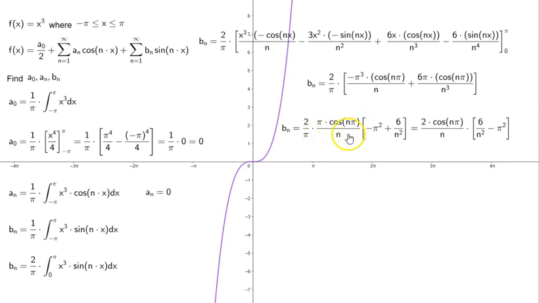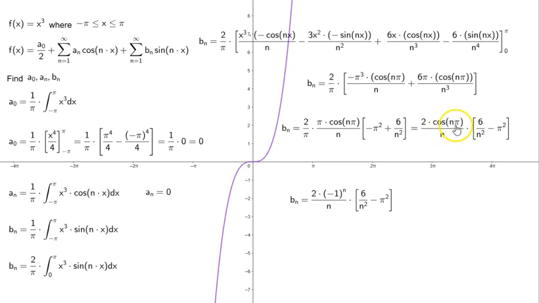So pi times cos n pi by n we take out, times what is left? Minus pi square is left. And here 6 by n square is left. And this again we can simplify by cancelling out the pi's. So we are left with 2 times cos n pi by n times 6 by n square minus pi square.